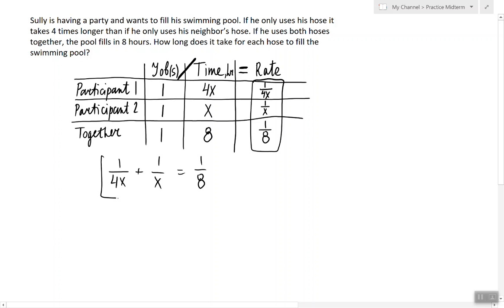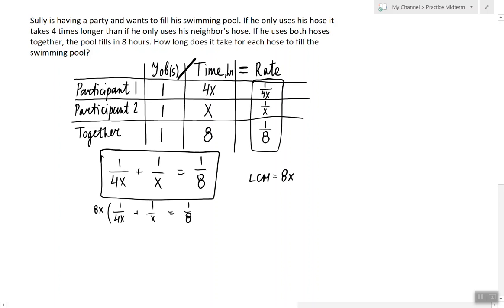So as a result, we ended up with a rational equation which we are capable of solving. So how do we solve rational equations? We multiply everything by the least common multiple. In this case, the least common multiple is 8x. So multiply everything by 8x and distribute.